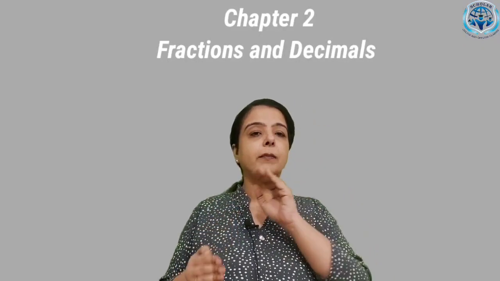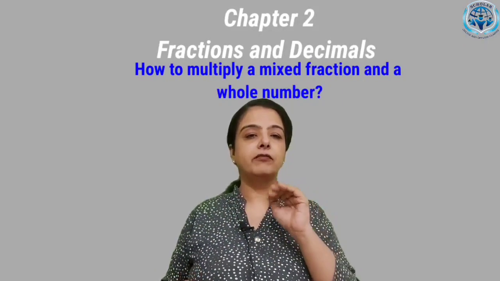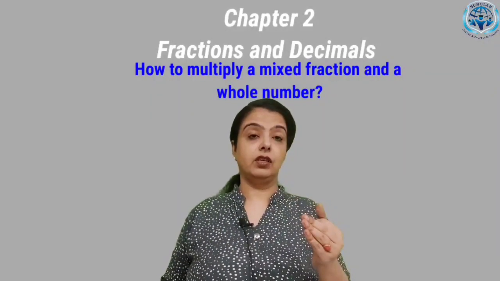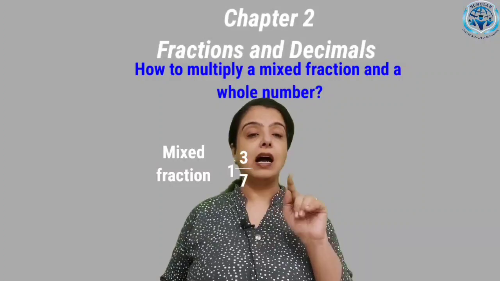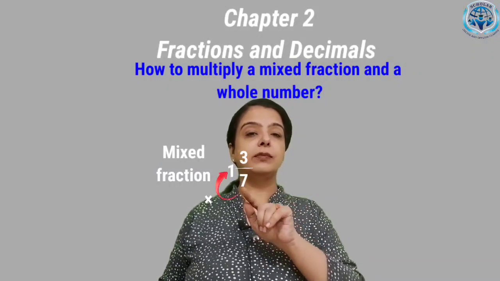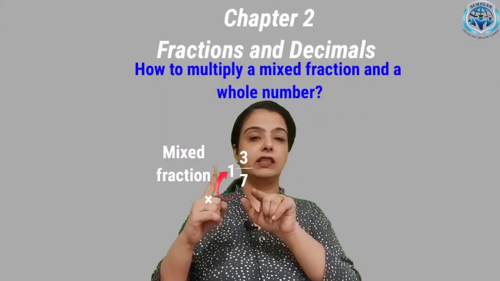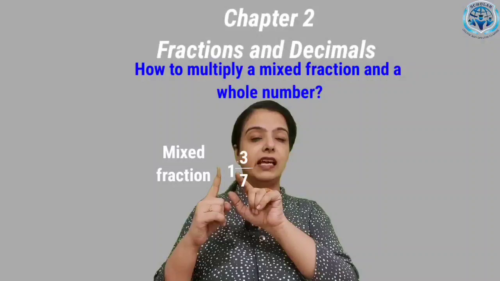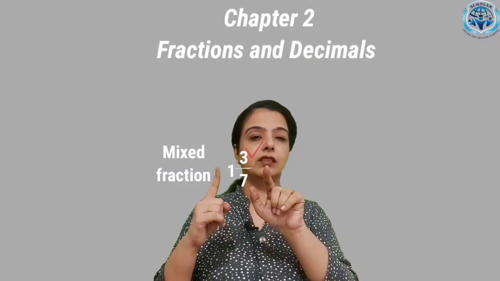To multiply a mixed fraction to a whole number, first convert the mixed fraction into an improper fraction. I am telling you the method to convert the mixed fraction into an improper fraction. We will multiply the denominator with the whole number and then add the numerator.